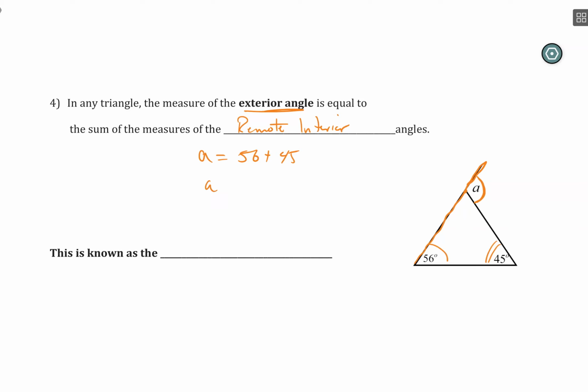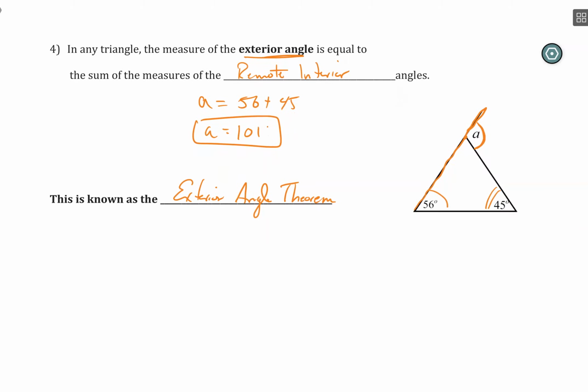So A equals 45 plus 56, that's going to give me 101. So I can quickly, by knowing this fact, get my answer. This is known as the exterior angle theorem, and I can get there fast.